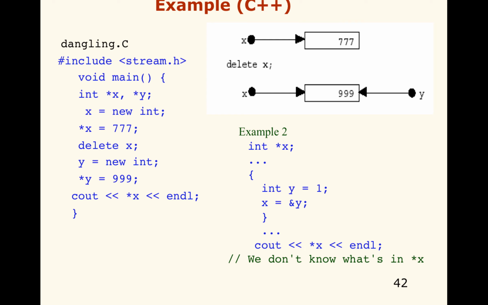So those three languages set it to null, while C++ doesn't do anything with it. The programmer has to set it to null.